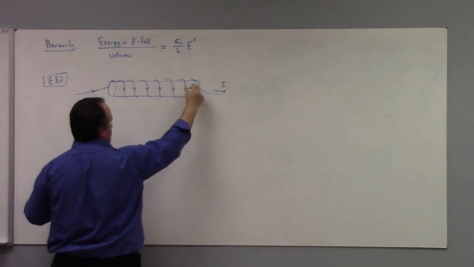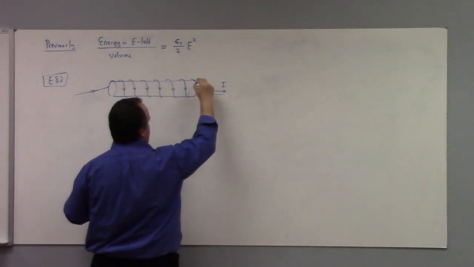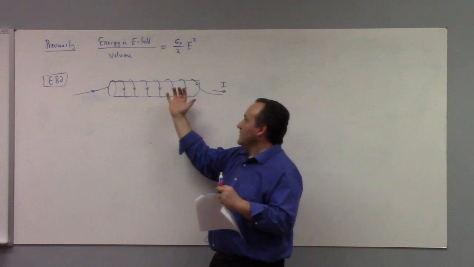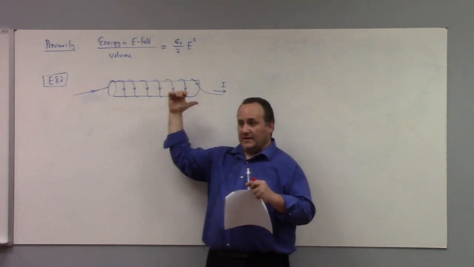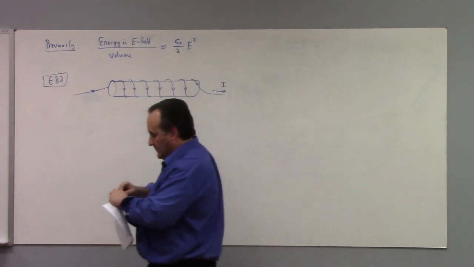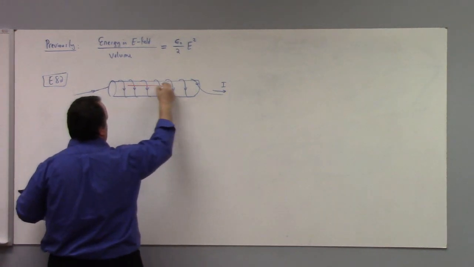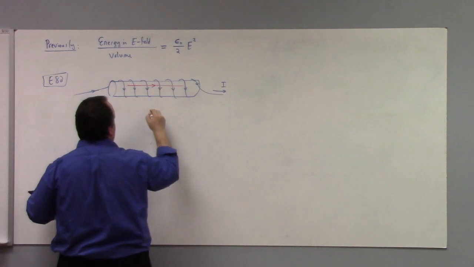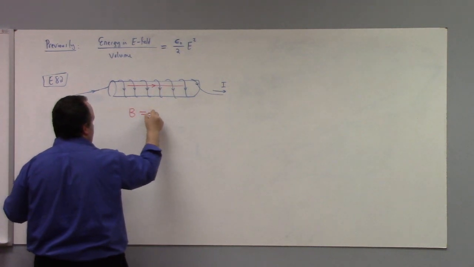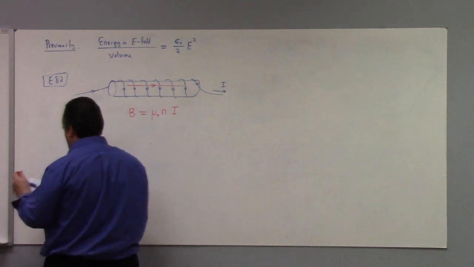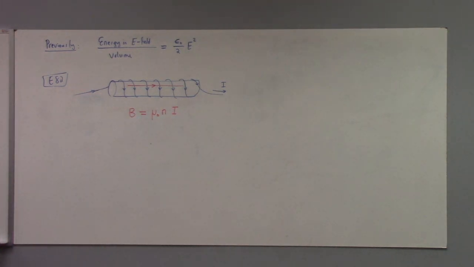If you take your right hand, wrap around the coil, then my thumb will point in the direction the magnetic field goes. So the magnetic field goes to the right for this situation. Of course, the direction of the magnetic field is somewhat immaterial, but we also learned that B is mu naught N i, where N is the number density.